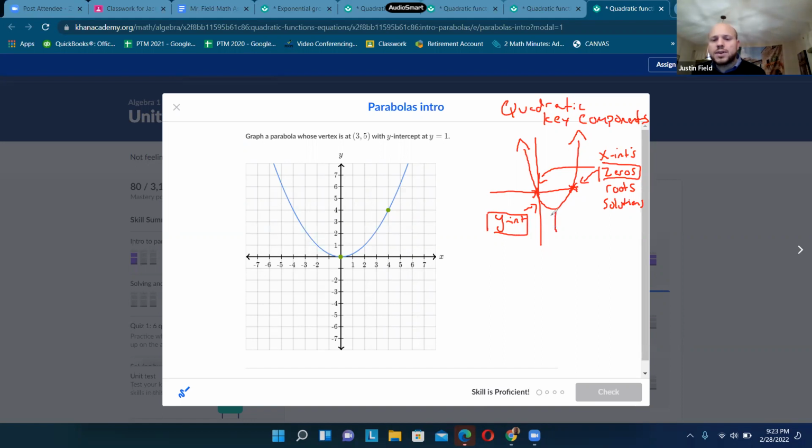We have this bottom called the vertex. And in this case, it's a minimum, but we could also draw a vertex like this. This would be a vertex of a different kind, a maximum. Okay, so they all have a vertex.